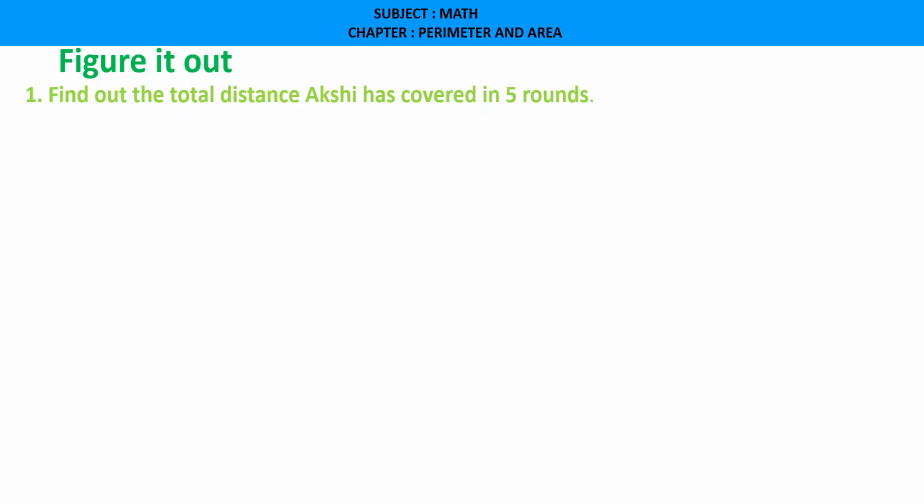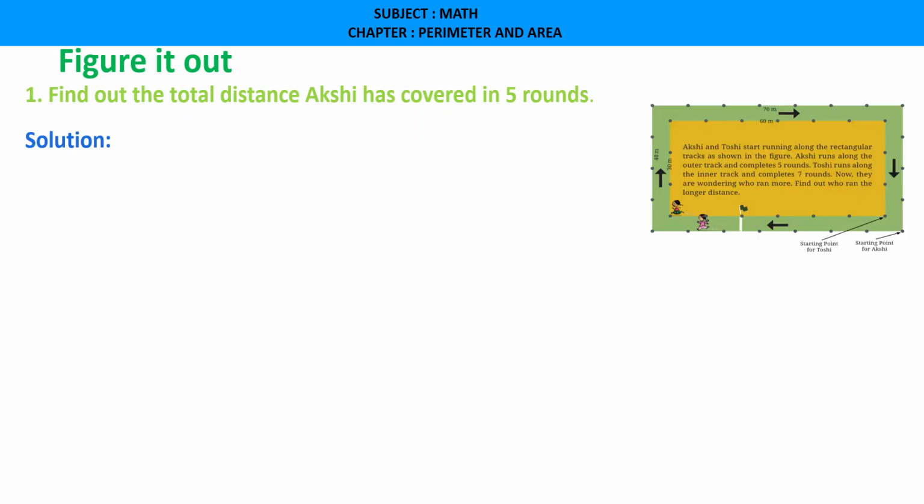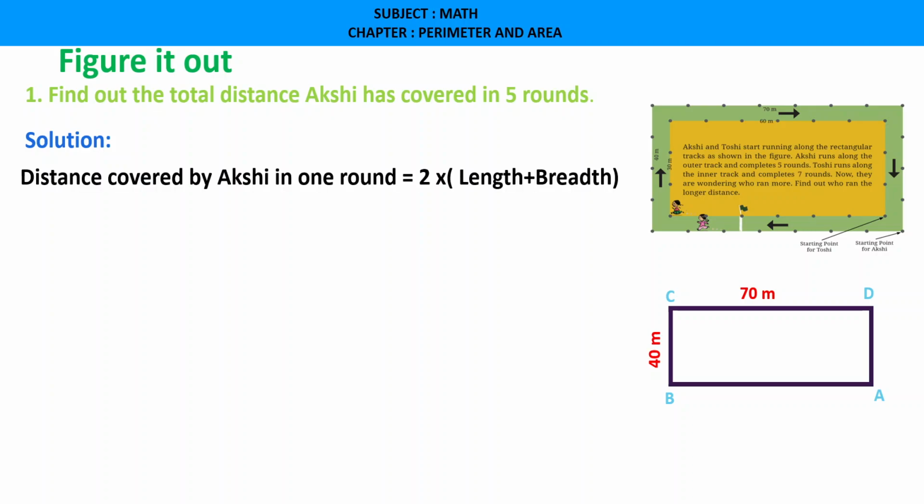Question number 1. Find out the total distance Akshi has covered in 5 rounds. Let us see the solution. The diagram is the same here, so we are writing it in a simpler way. ABCD is a rectangle where the length is 70 meters and the breadth is 40 meters. So the distance covered by Akshi in one round is equal to the perimeter of a rectangle, which is 2 into length plus breadth.